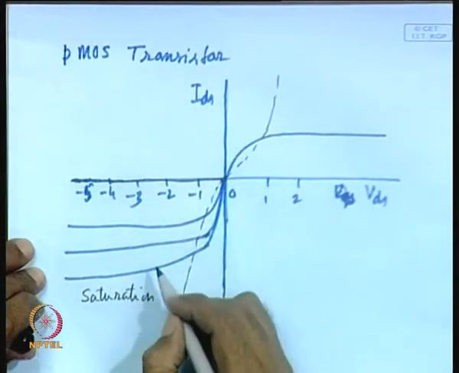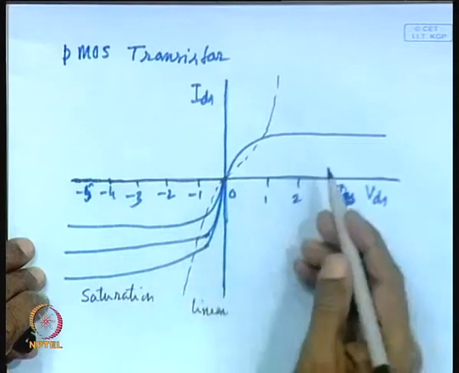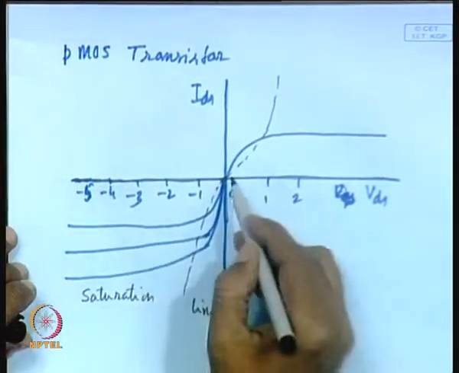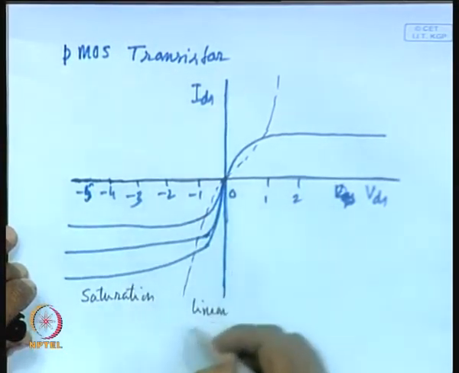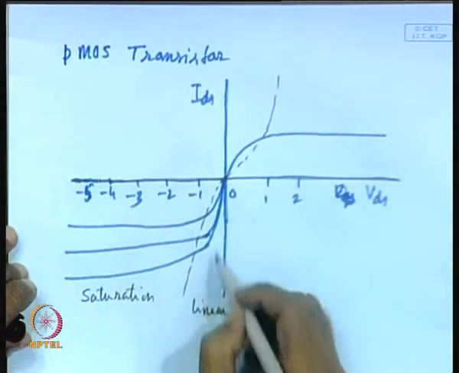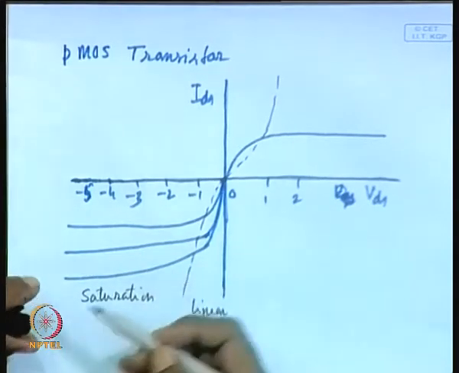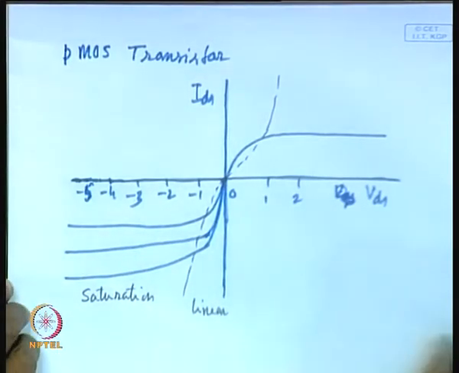This is the cutoff region for PMOS transistor, this is the cutoff region for NMOS transistor. So, that means the characteristic curve for PMOS transistor will be on this quadrant, both for enhancement type and depletion type. Okay.